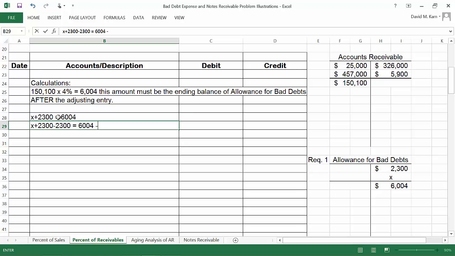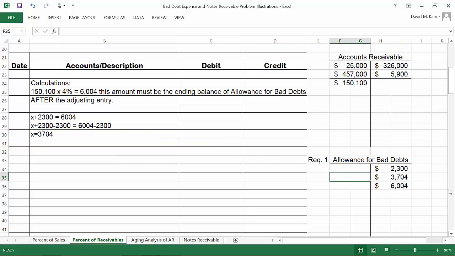Okay, 6,004 minus 2,300. To get this number, we would take plus 6,004, subtract out 2,300, and you can see that X equals $3,704.